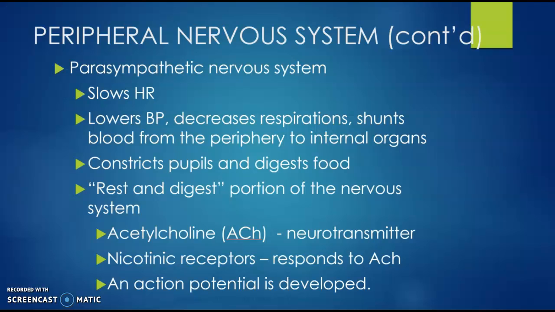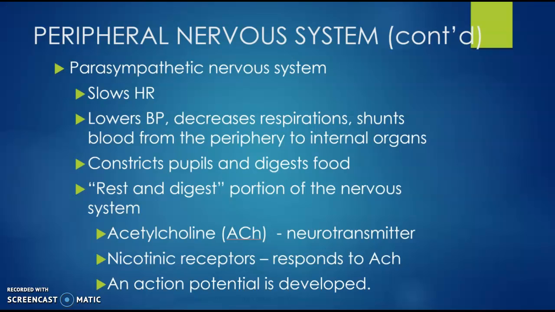In terms of the way impulses are transmitted neurologically, you have to have acetylcholine and you have to have nicotinic receptors that respond to acetylcholine, and that acetylcholine attaching itself to those receptors then creates an action potential and a nerve impulse is conducted.